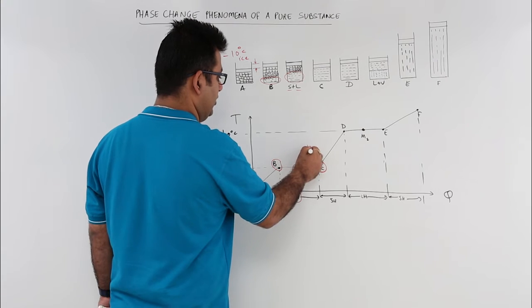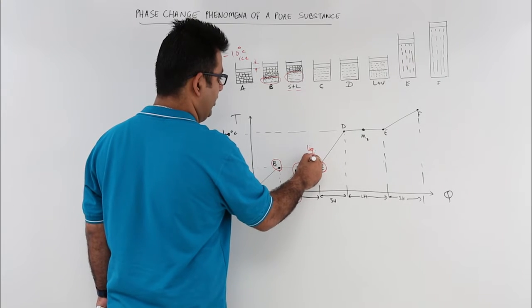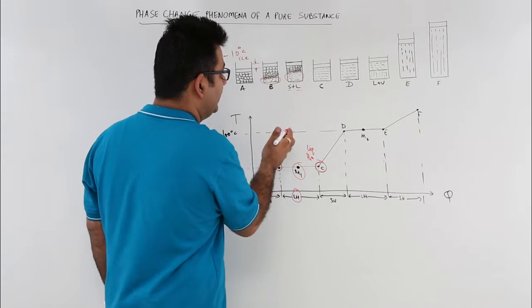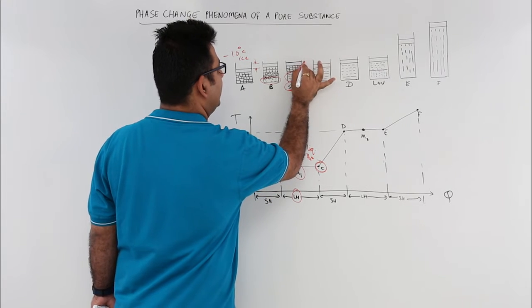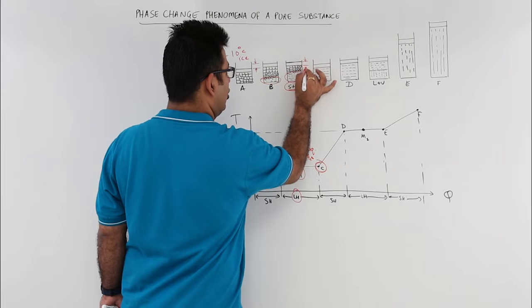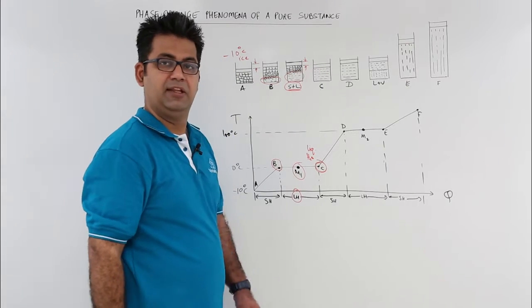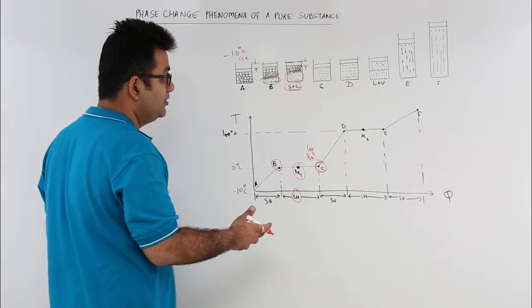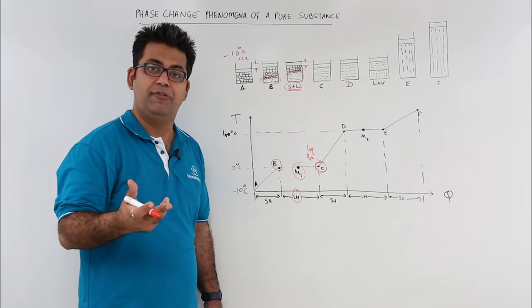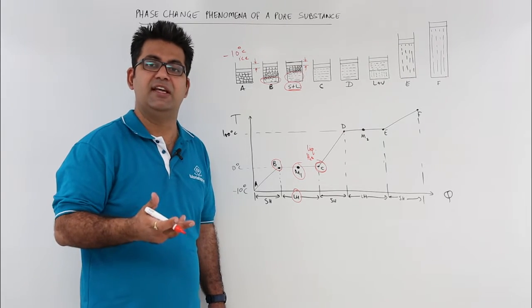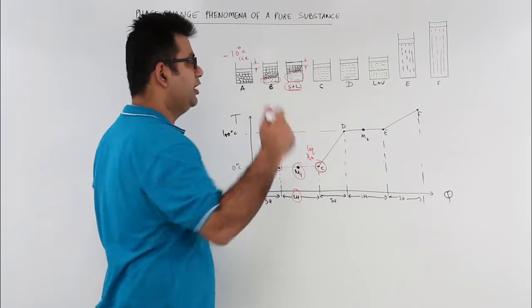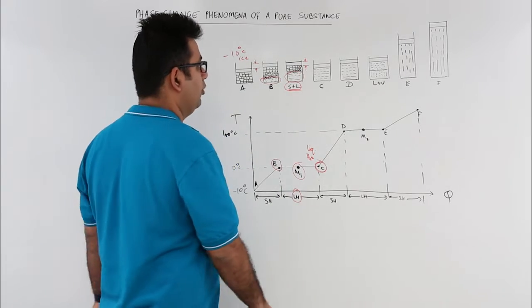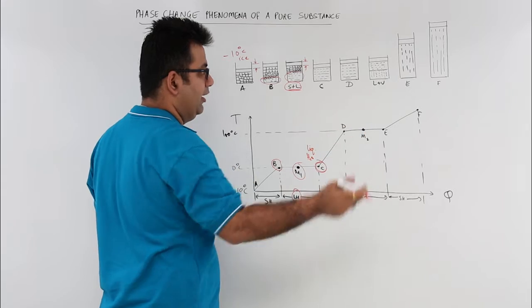So here you will have liquid water, and you can see that from this state to state C, there is a drop in volume. Why? Because the density of liquid water is heavier as compared to ice. Okay, so there will be a slight drop in the volume of the liquid water.